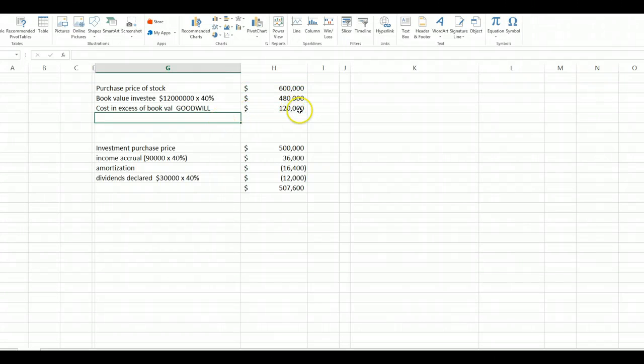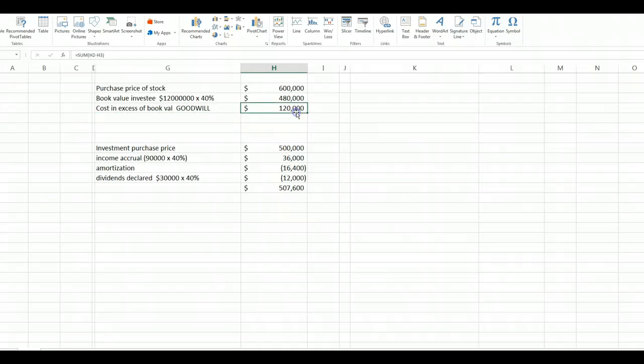And this goodwill of 120 doesn't get amortized. It's going to have an indefinite life. So this 120 is just going to be on the books. It's not like a patent where the life is limited. This goodwill is an intangible asset that we're going to keep on the books at 120.